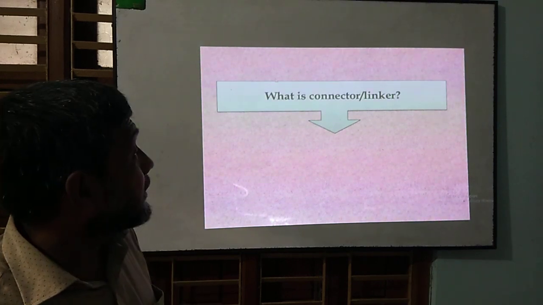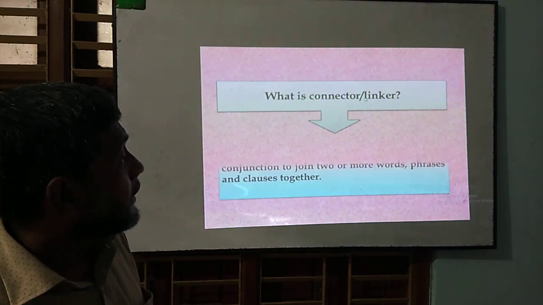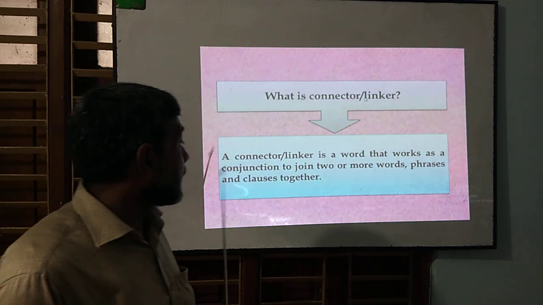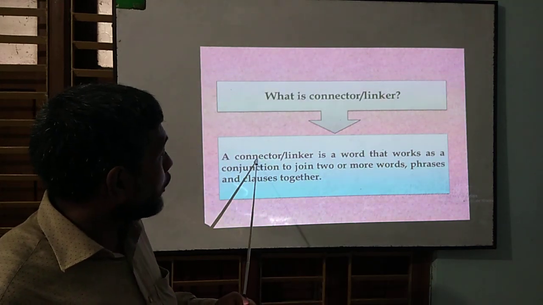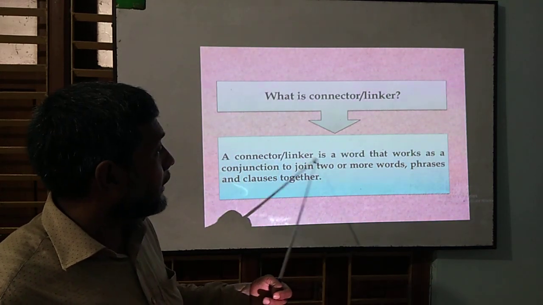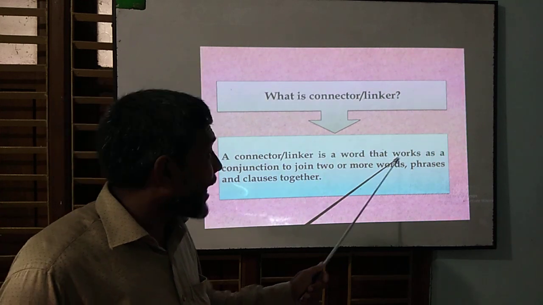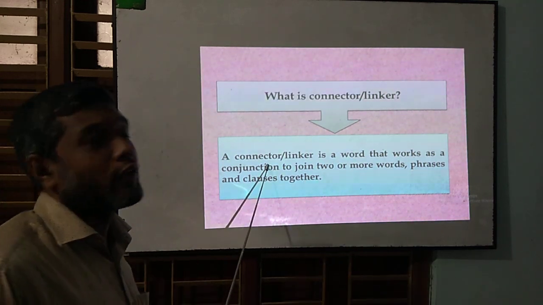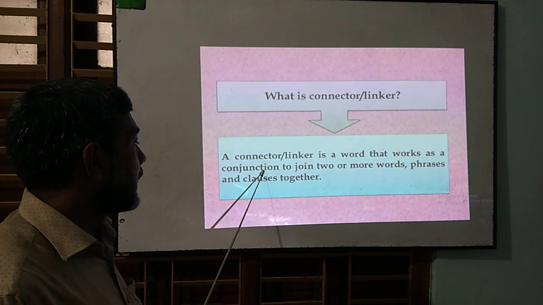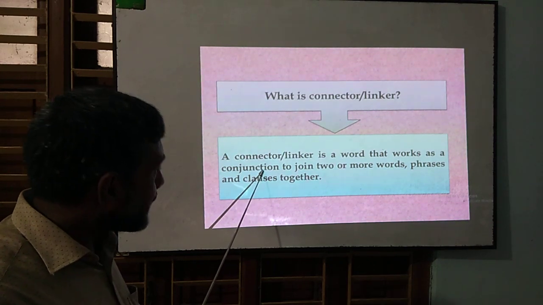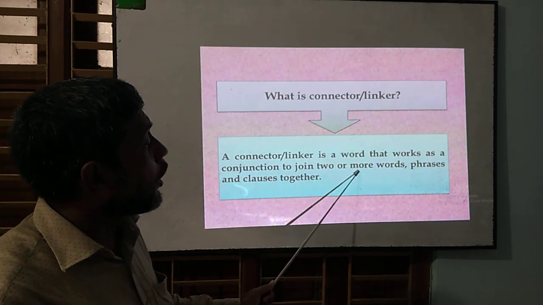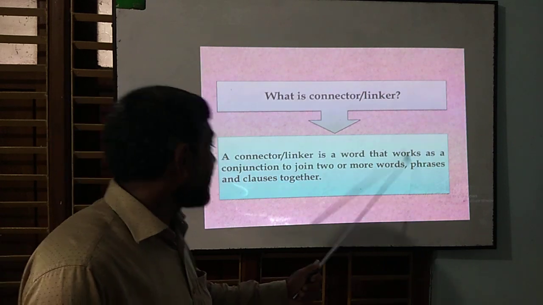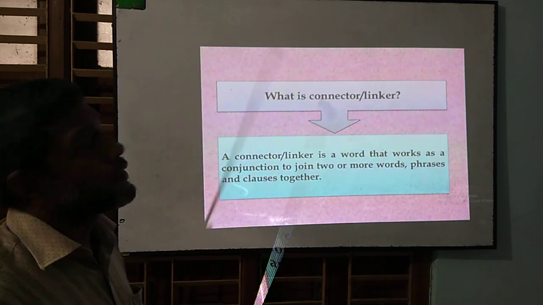So what is a connector or linker? If we see the definition here, a connector or linker is a word that works as a conjunction, as I told you some moments ago, to join 2 or more words, phrases and clauses together.